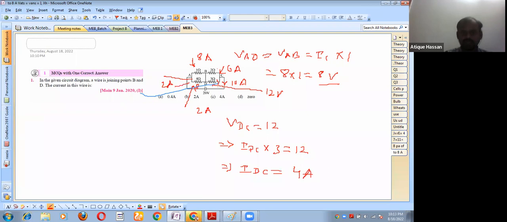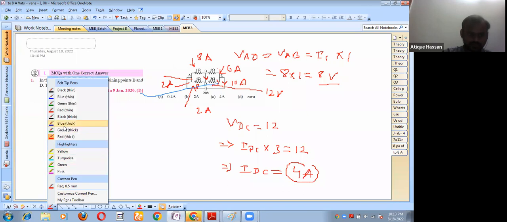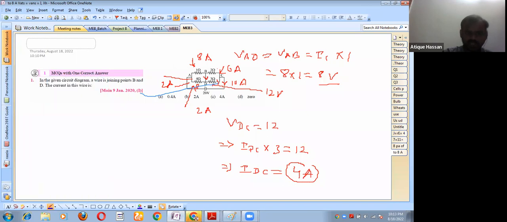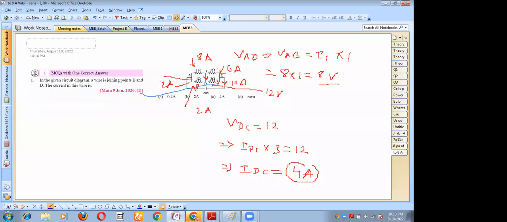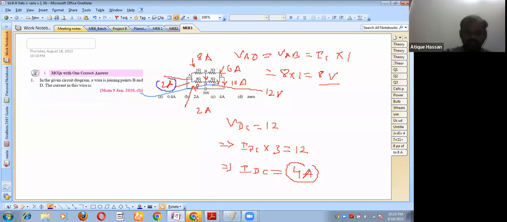And here you are getting again in the 3 ohm, how much current? 4 ampere. It means, are you getting some clue? See, previously in AD the current was 2 ampere.